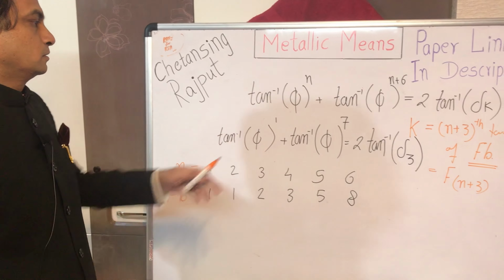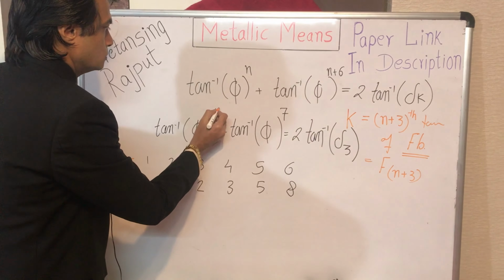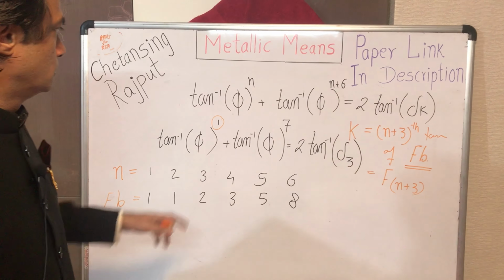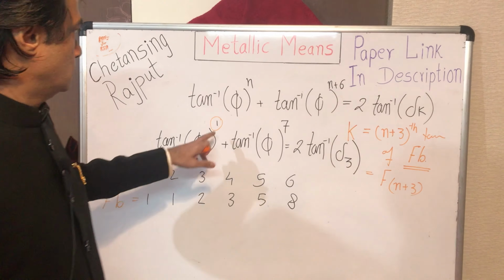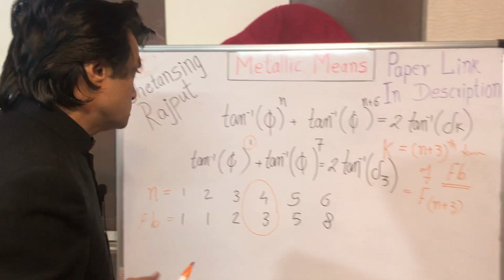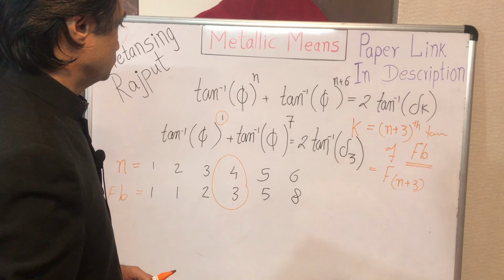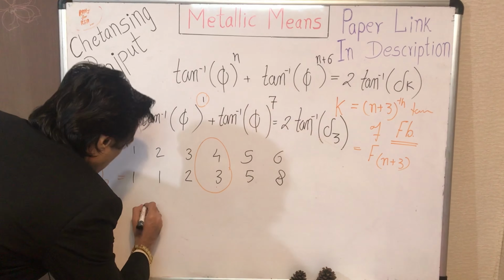So in this equation, n is equal to 1, n plus 3 will be 4, and the fourth Fibonacci term is 3. Hence, we get the precise value of the third metallic ratio here, which is equal to 3.3027756 and so on.